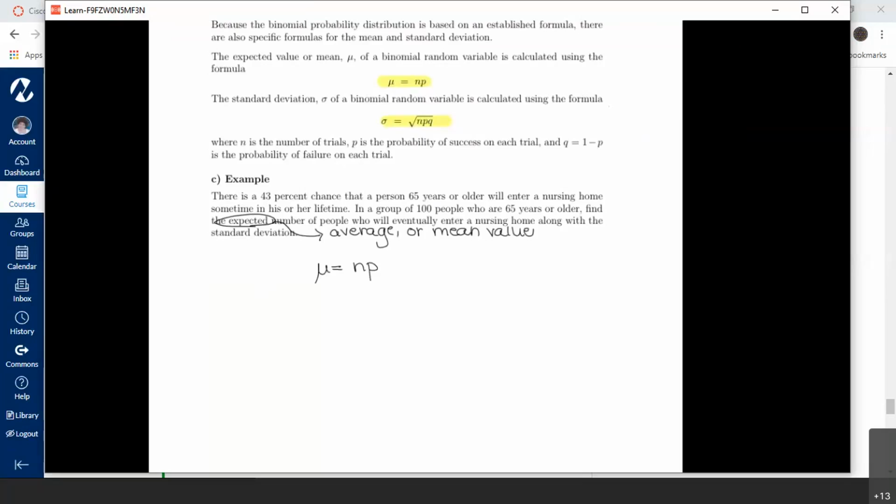Well, let's see if we can find those. There's a 43% chance, that's our p-value, that a person 65 or older will enter a nursing home at some point. And then here's our sample size.